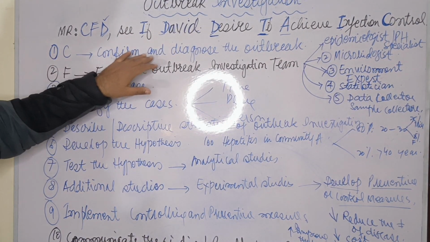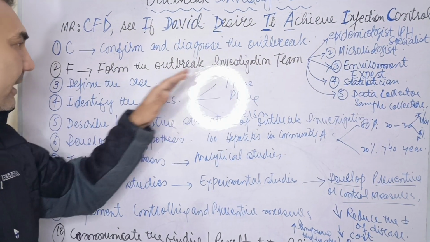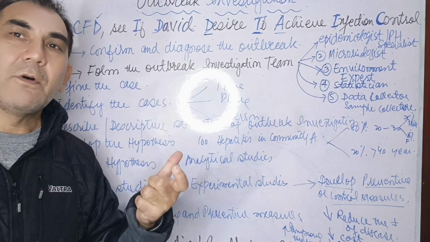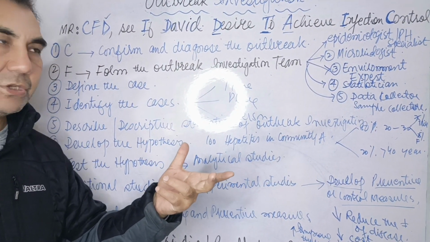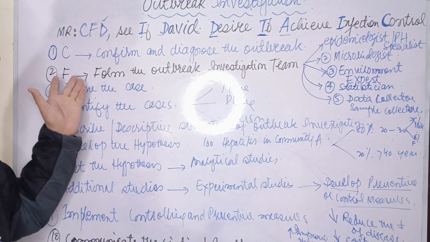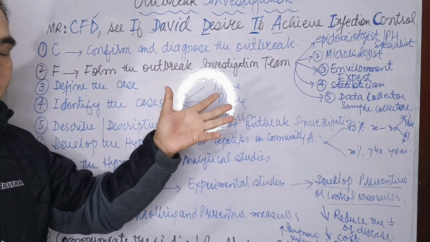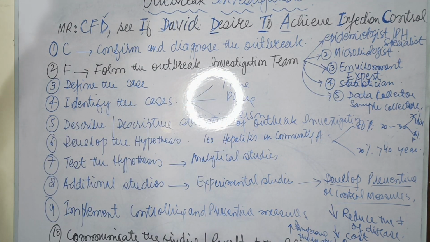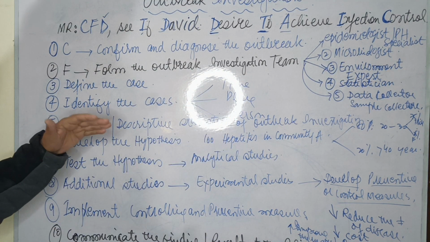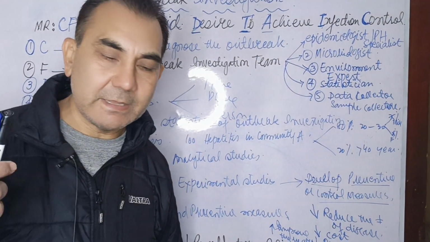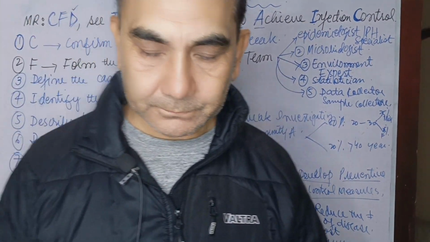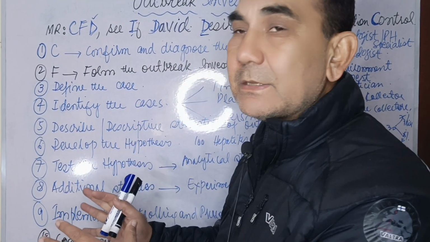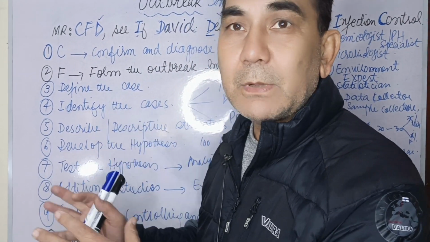C is for confirm the diagnosis of the outbreak, and F, the second step, is form the outbreak investigation team, and D is define the cases, and identify the cases according to time, place, person, or you can say according to what is the confirmed case, what is the probable case and what is the possible case.